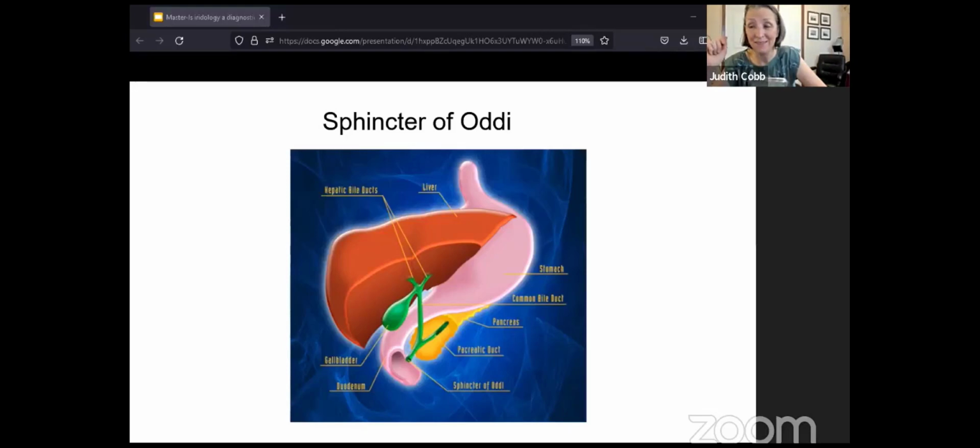So when we look at the liver, we have the hepatic bile ducts that feed down into the gallbladder and also continue on down through the pancreas and towards the duodenum. What happens is when people have the gallbladder removed, it's very common for this sphincter of Oddi to either spasm shut, or to become blocked in some way.